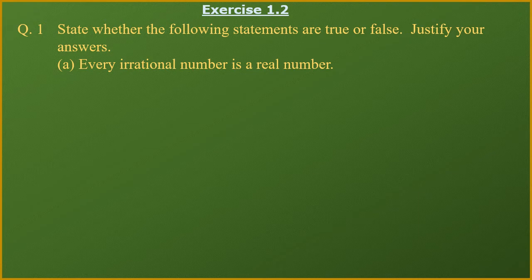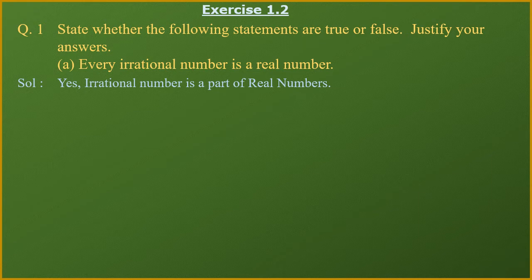Means irrational number is a part of real number, right? So every irrational number by default will be a real number also. So yes, this statement is true because every irrational number is a part of real number and hence it will be real also.